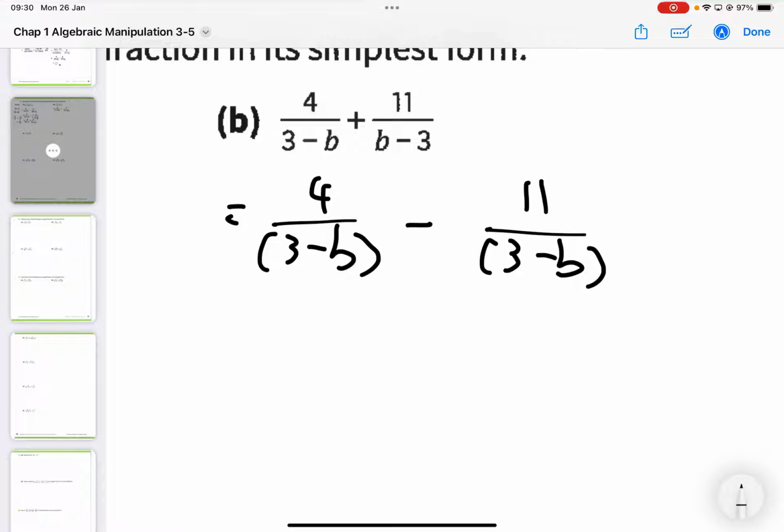So to change the sign, b minus 3, I factorize out a negative. Then the negative will have the effect of changing the plus to minus.